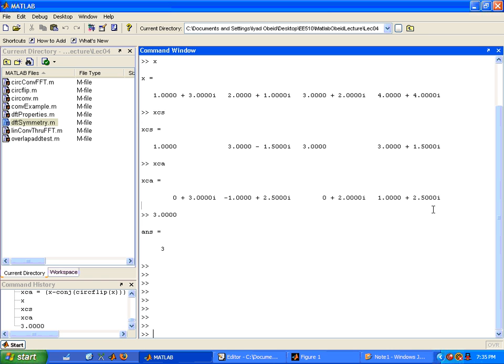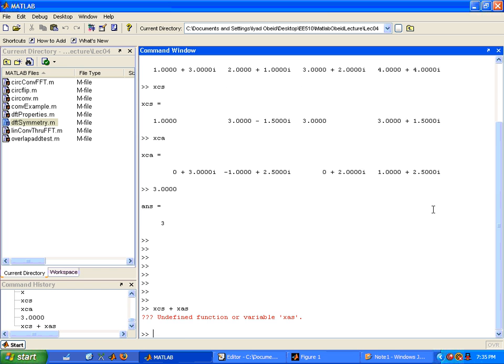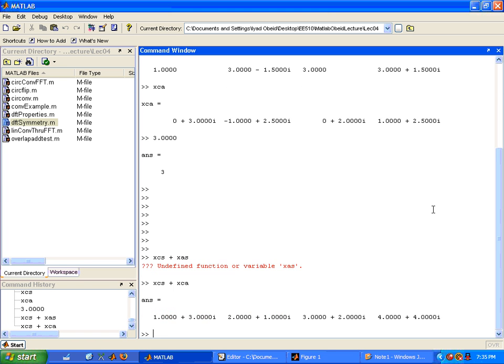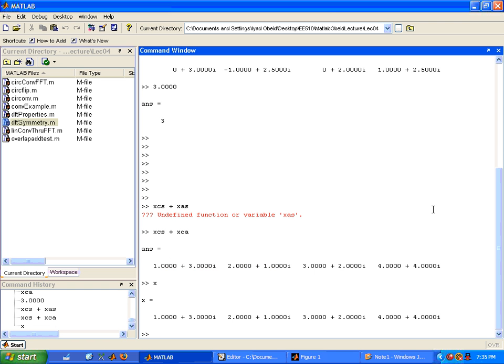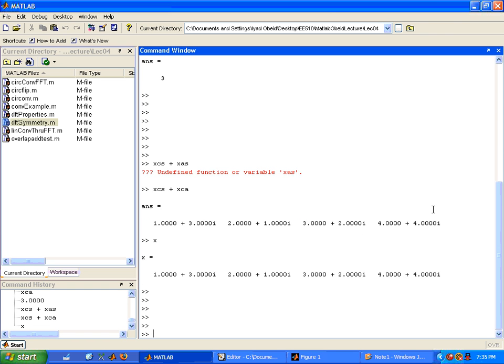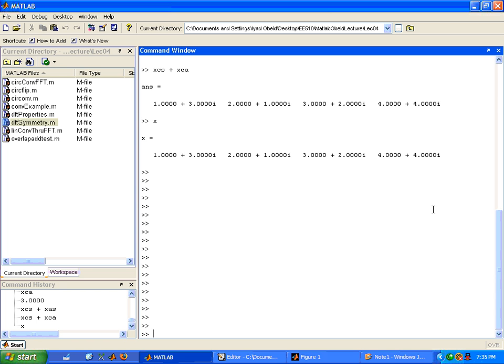And then if I add together my x conjugate symmetric and my x conjugate antisymmetric, I get my original signal x back. So any signal can be broken down into a conjugate symmetric and a conjugate antisymmetric part. Does anyone know offhand what the properties of the DFT of a conjugate symmetric signal should be?